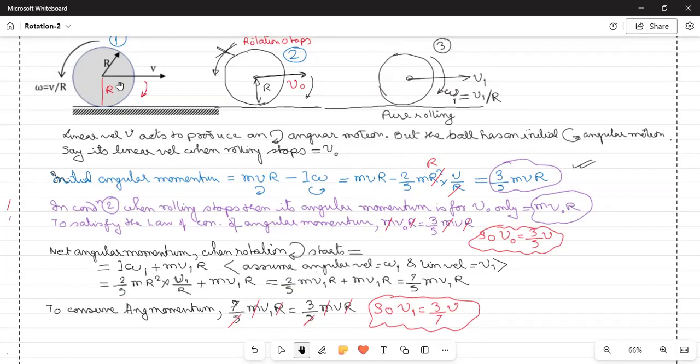And finally, say its linear velocity becomes v1 and angular velocity omega 1. This final velocity v1 is equal to 3 by 7 v, where v was the original linear velocity with which the ball was thrown. So this is it. Then we go to the next question.